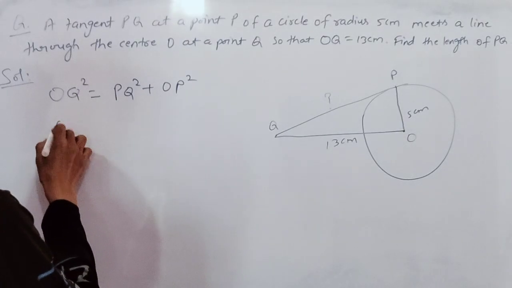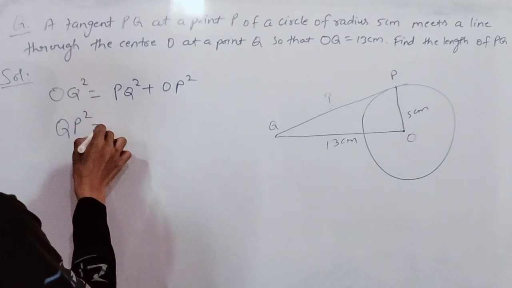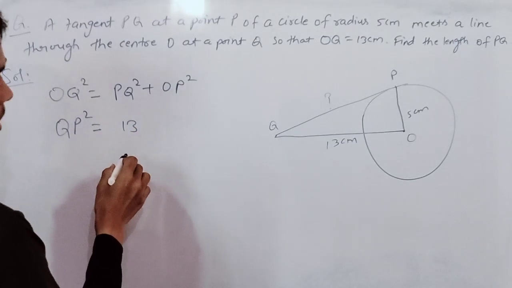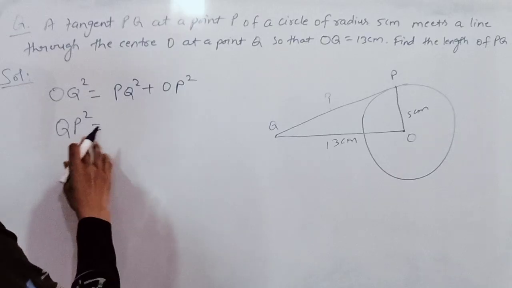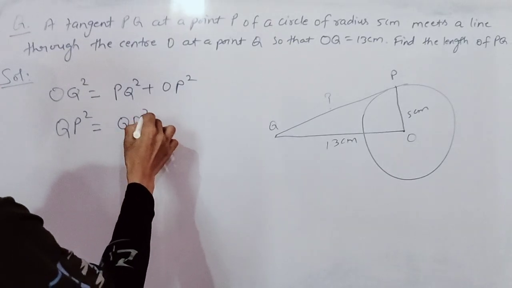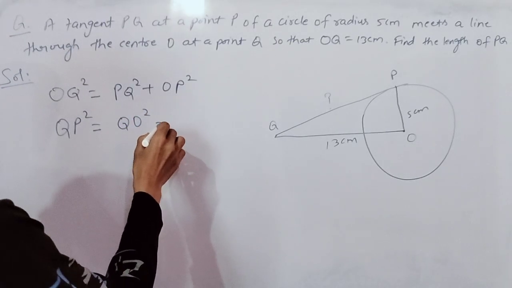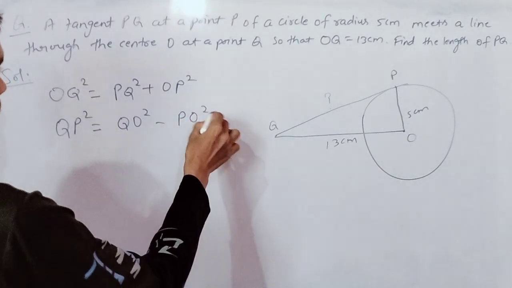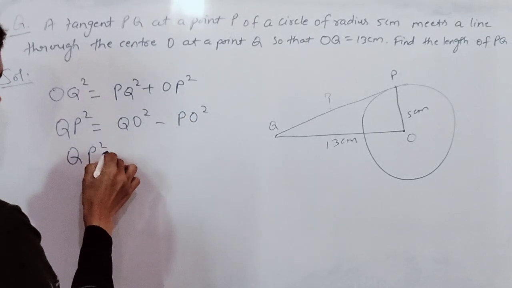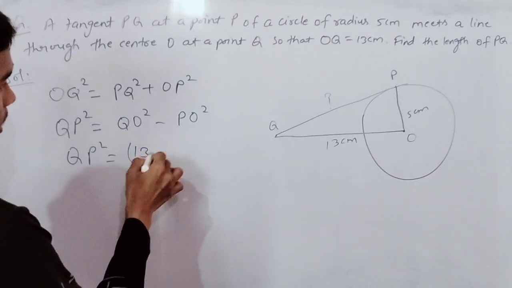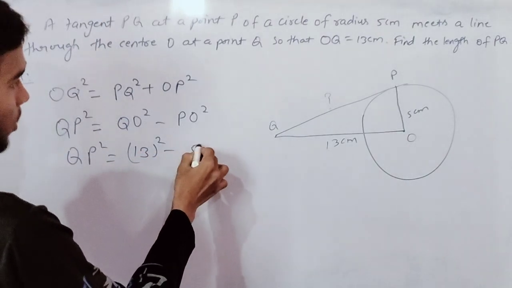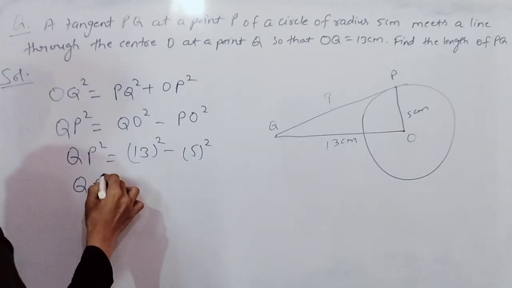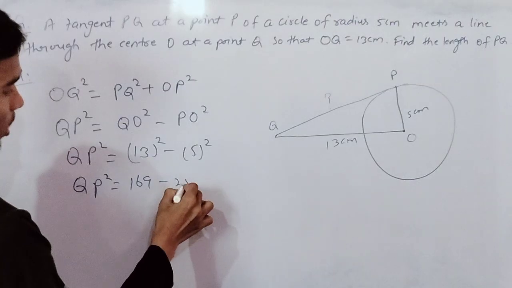So can I directly write QP square equals QO square minus PO square? QO is 13 centimeter, and this is the height. 169 minus 25.